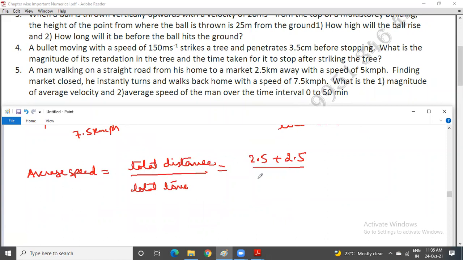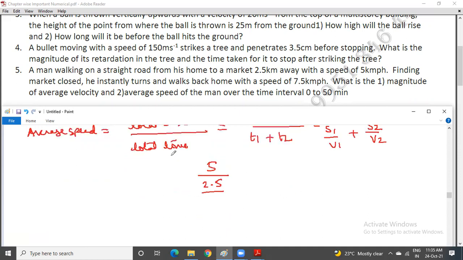So I'll show. Total time is T1 for the upward journey, T2 for the downward journey. So what you can write is 2.5 plus 2.5 divided by T1, which you write as S1 by V1, plus T2, which you write as S2 by V2. So it is 2.5 plus 2.5, 5 kilometers, divided by S1, once again 2.5, over V1, in the upward journey she is walking at 5 kmph, plus 2.5 in the downward journey, but she is walking with 7.5.